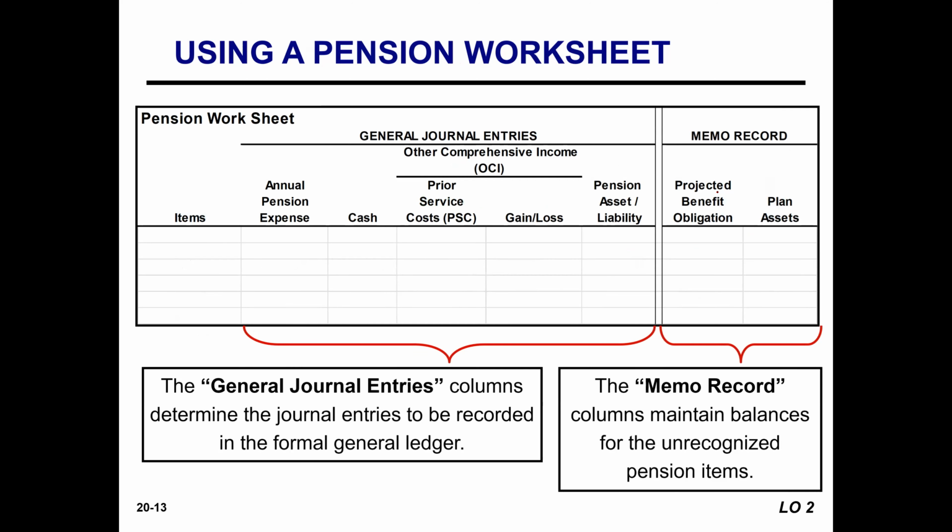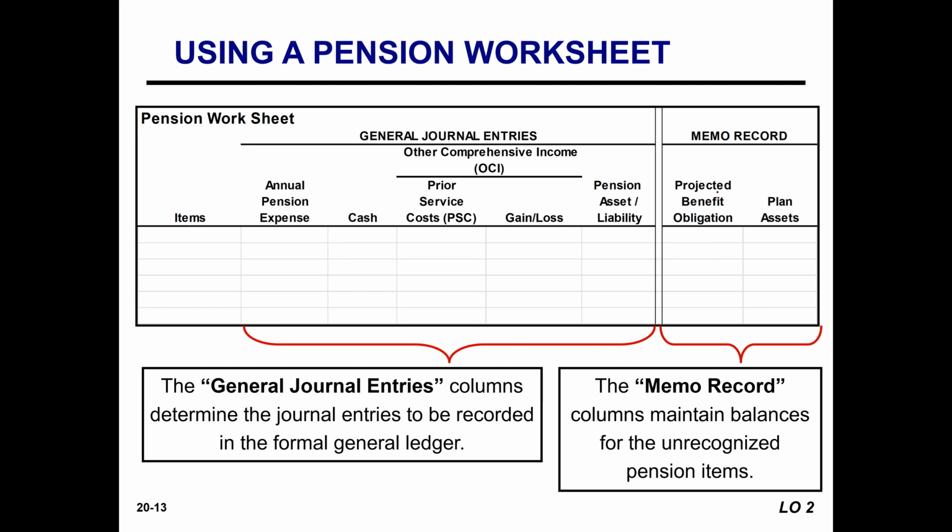So here's an example of this pension worksheet that is used. Just like it tells us in the book, this pension worksheet is not an official general ledger account. We could think about this pension worksheet like an amortization schedule or a depreciation schedule, right?